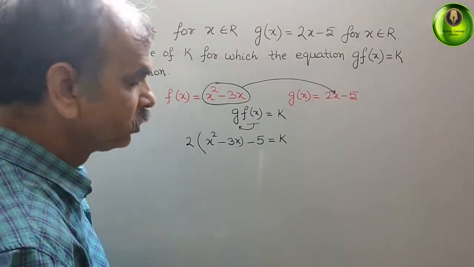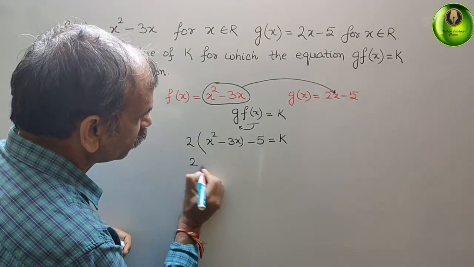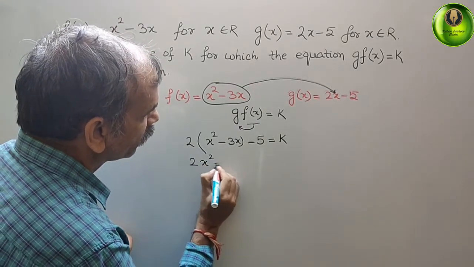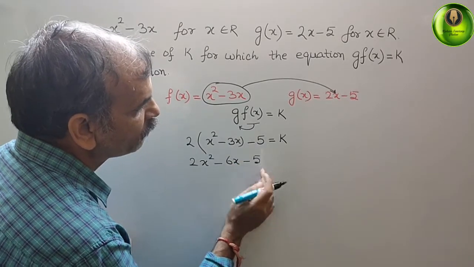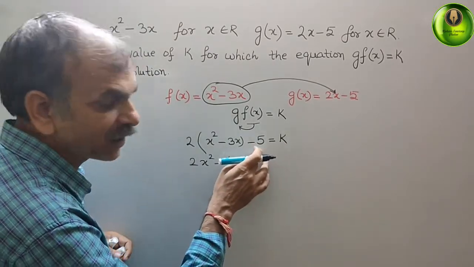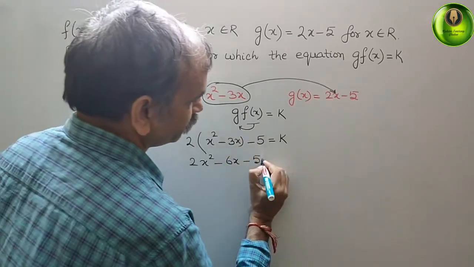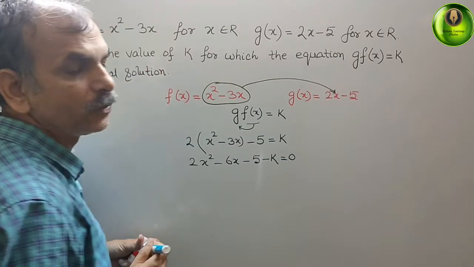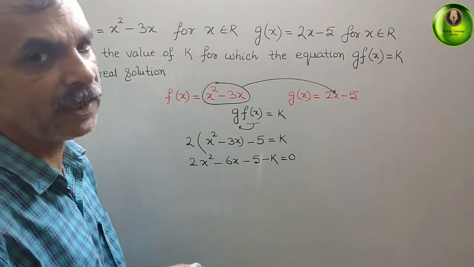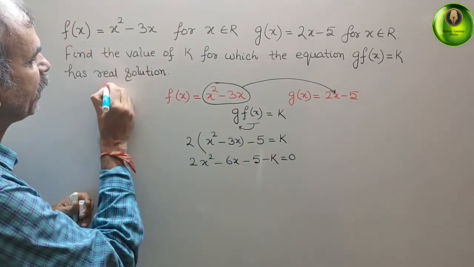Solve this. So here you will get 2x square minus 6x minus 5, and bring this k to this side, so minus k, that is equal to 0. Now, they have given real solution.